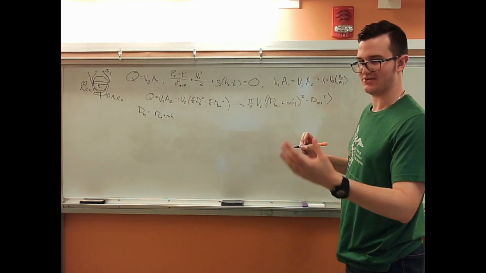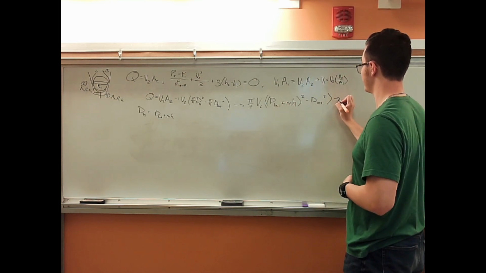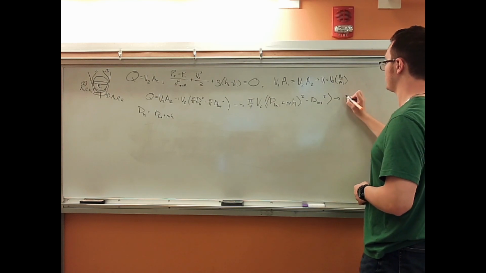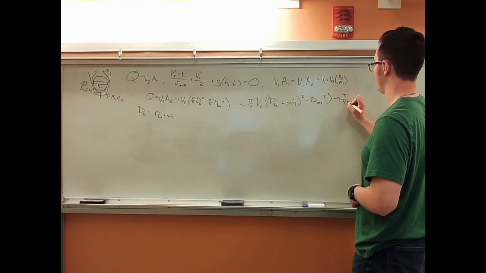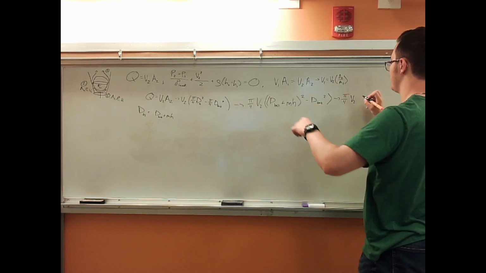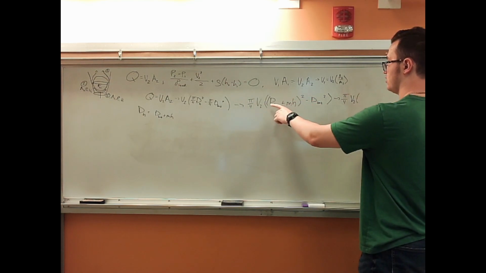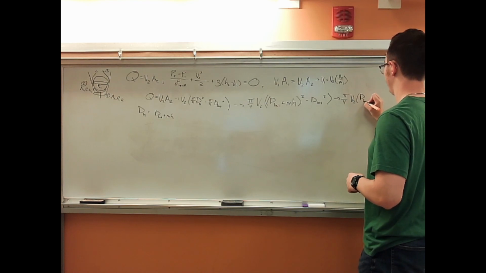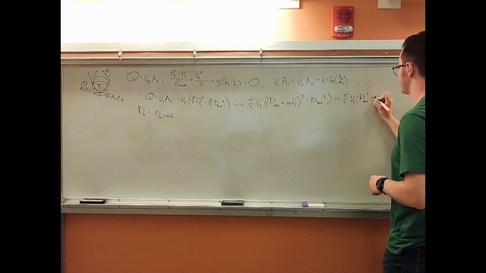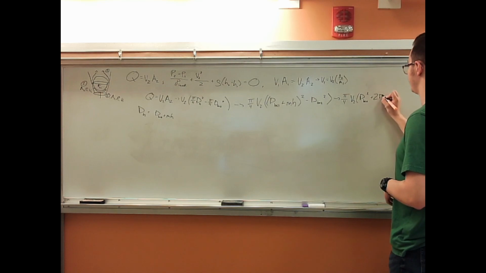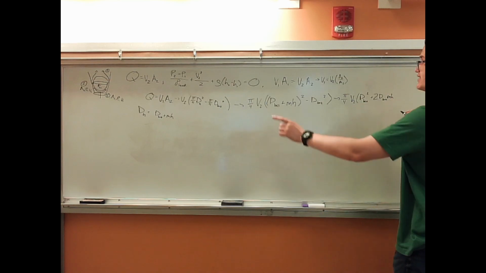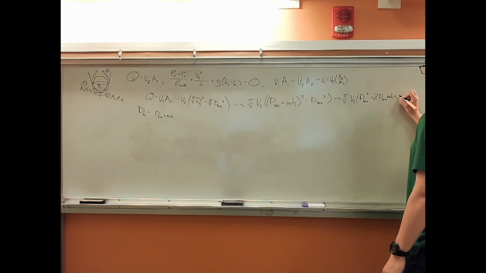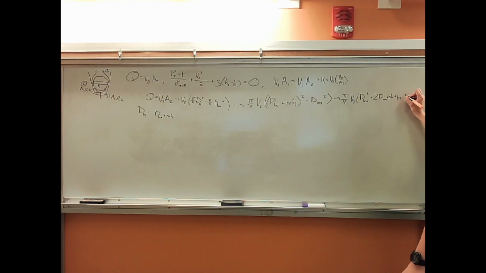Now we can factor this. I was getting confused on what I was factoring. It goes to pi over 4 in terms of velocity at state 2, diameter of the ball squared plus 2 times the diameter of the ball times the slope times the height plus slope squared times height squared minus diameter of the ball squared.